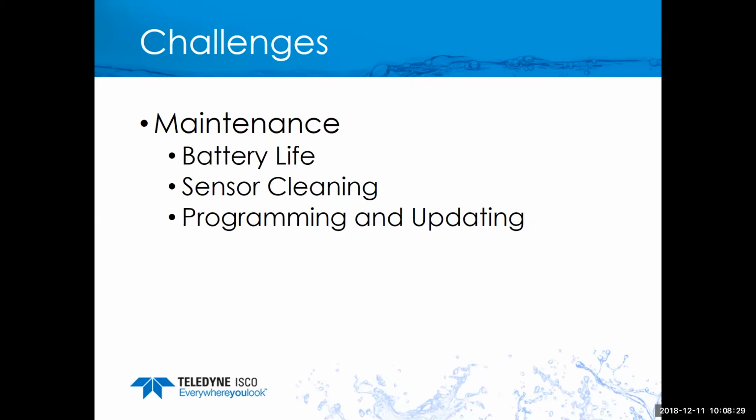Another one of the challenges is maintenance. If you have 5 or 6 sites, it may not be difficult to get out there and do preventative maintenance, change out batteries, clean sensors, perform programming or updating.